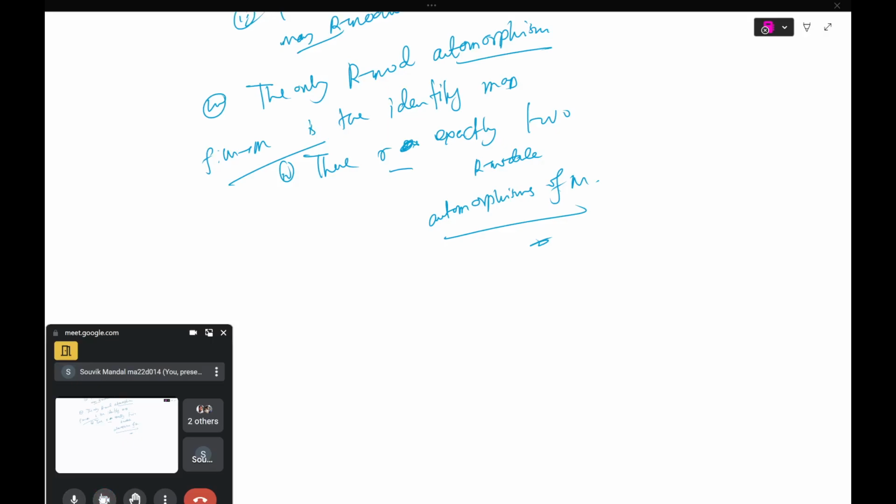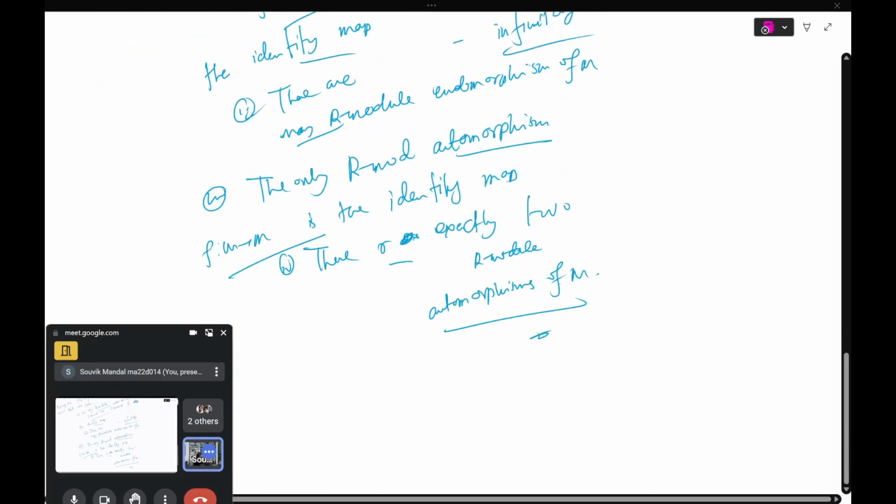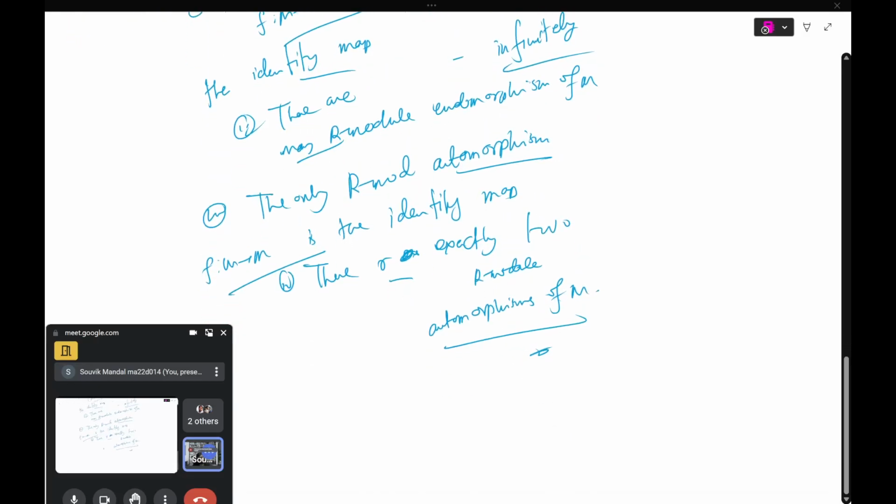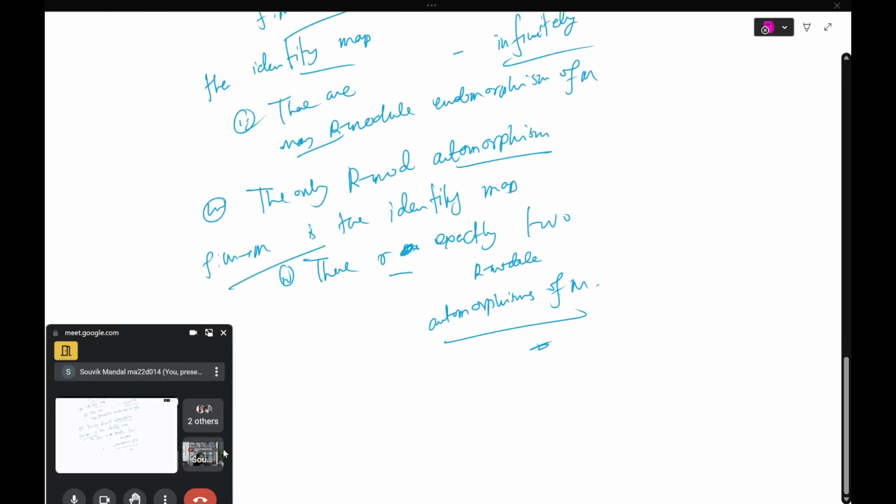Okay. Did anybody solve this problem? If yes, please put it out. Option 4: there are only 2 automorphisms. Why?